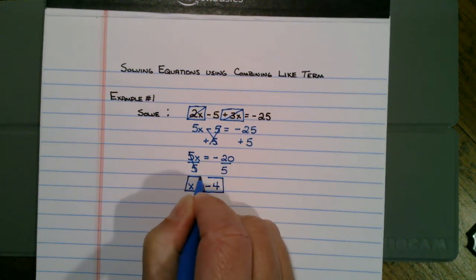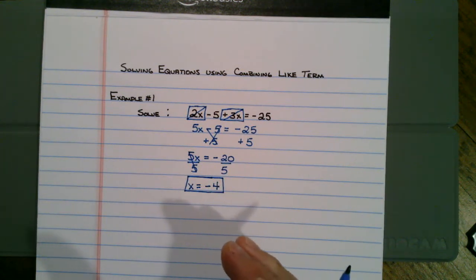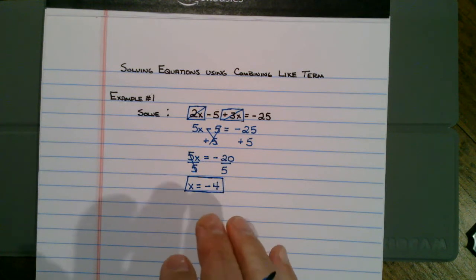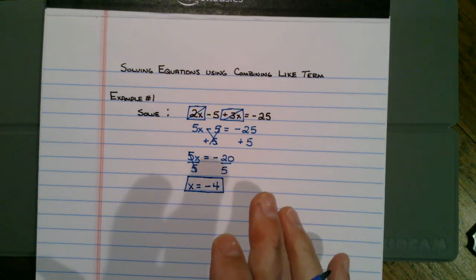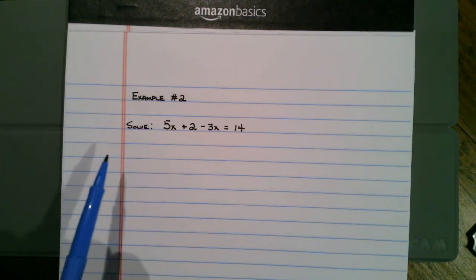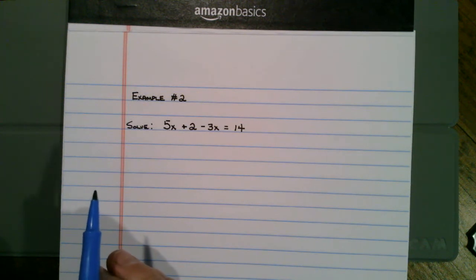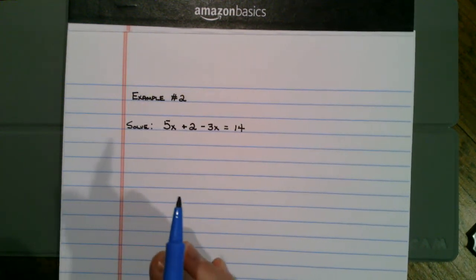So at the very beginning, if I have more than one x, I'll look and see if I need to combine those together to create one term, 1x. Let's look at example 2. Example 2, again, it looks like I have more than one x, therefore I need to combine those together and make it one term.